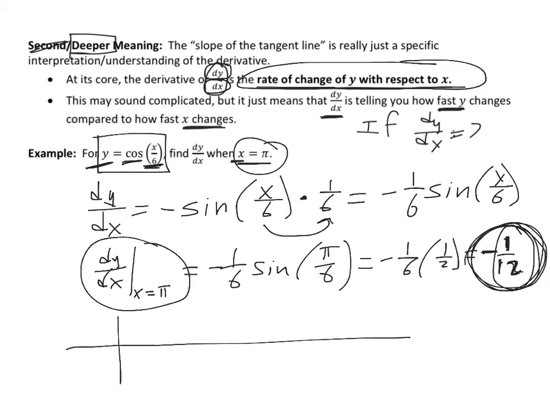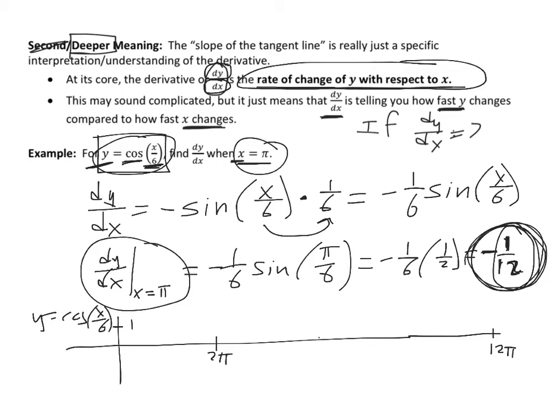If I were to graph the function y equals cosine of x over 6, this would be 1. And basically this division by 6 is going to stretch this graph by a factor of 6. So instead of this graph finishing itself over here at 2 pi, it's not going to finish until like 12 pi.